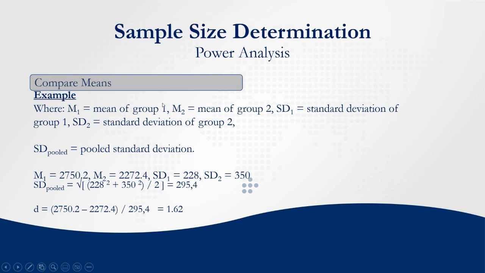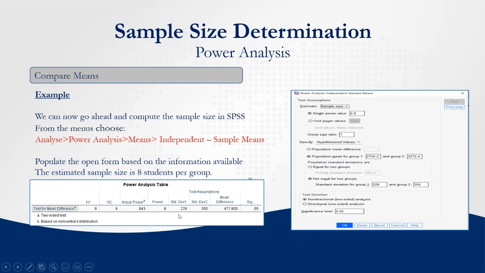I have my M1, the average for my first group, the average for the second group, and I have the standard deviation, and I'm able to compute the effect size, right? I have the effect size, and then I can go into SPSS and actually estimate these things.